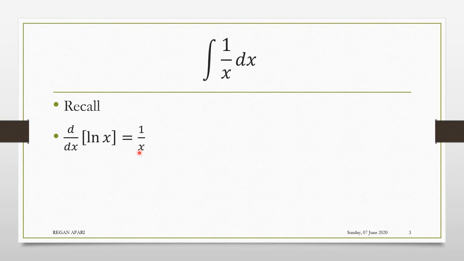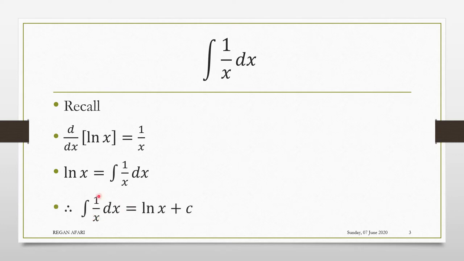So what if we integrate both sides of the equation? We apply integration on both sides. When you apply integration on d dx, you get the function, so you get ln x. Then we have the integral of 1 over x dx.